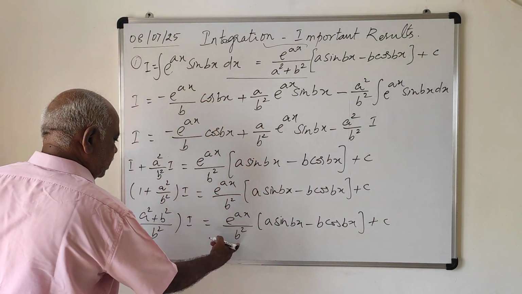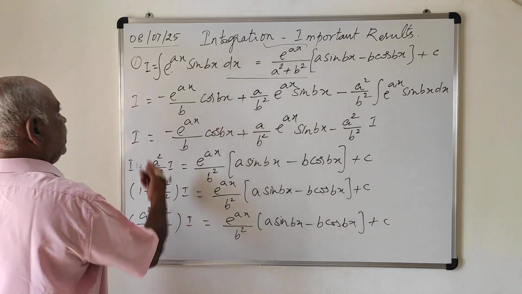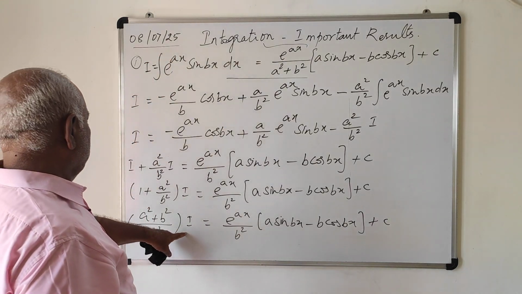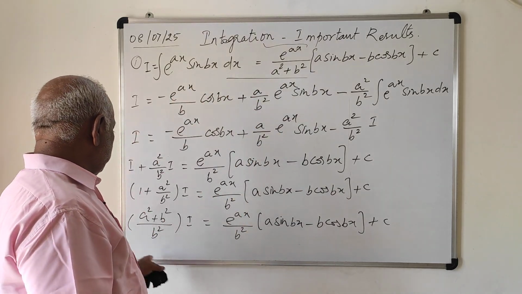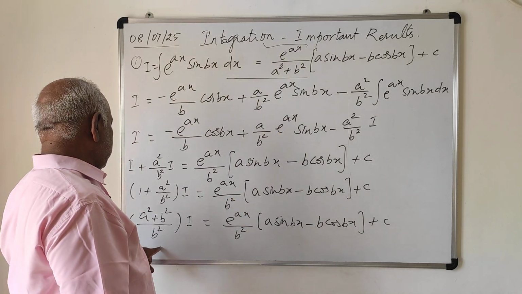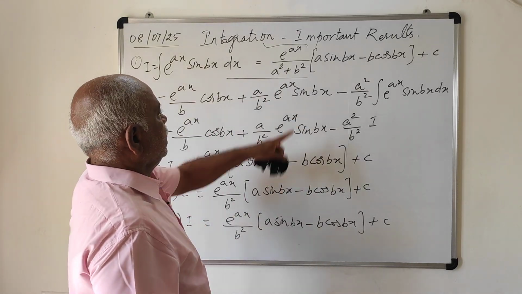Cancelling b square on both sides, and you bring this a square plus b square to the denominator of the right hand side, you will get the result. I equal to e power ax by a square plus b square into a sin bx minus b cos bx.